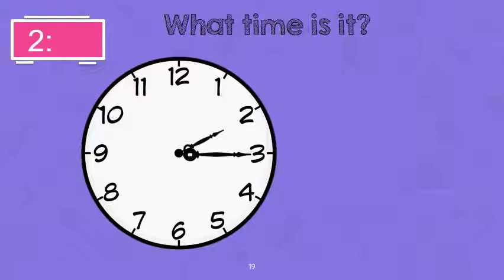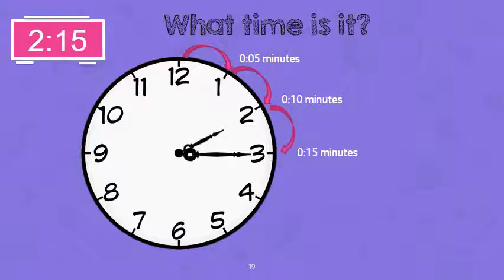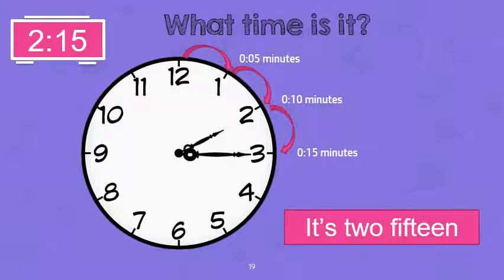And how many minutes? Remember the minutes? Each number are 5 minutes. So let's count. 5, 10, and 15. So that means the big pointer, it's pointing to 15 minutes. So now we can tell the time. So what time is it? It's 2:15. Let's try another one.